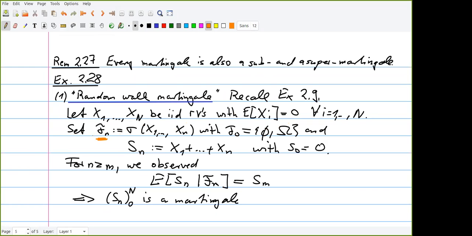It's integrable because it's the sum of integrable random variables, because we assumed this here. And we check the martingale property, which is this one here. So these are the 3 properties we wanted to check. Well, they're clearly fulfilled. So this random walk we considered is a martingale.